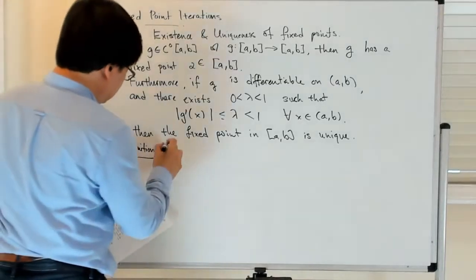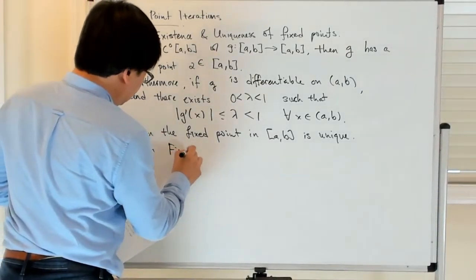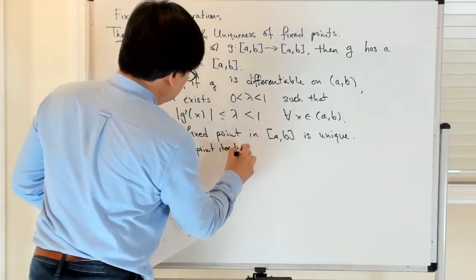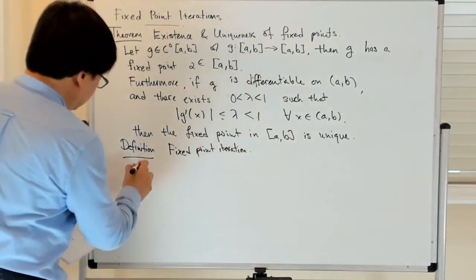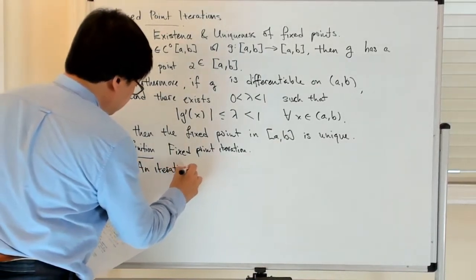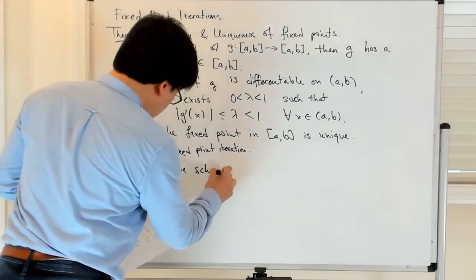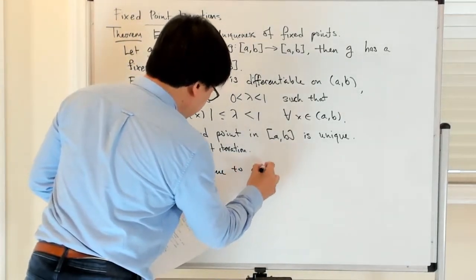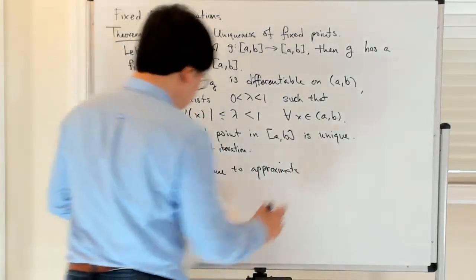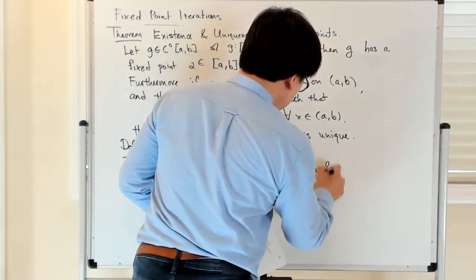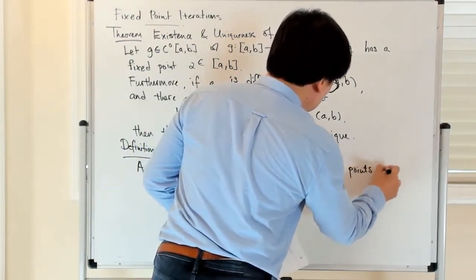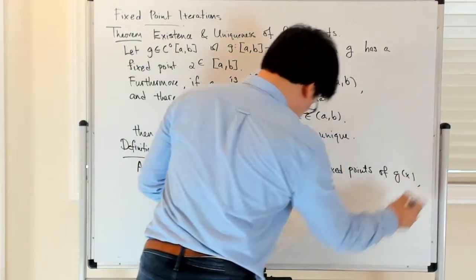Okay, so fixed point iteration is an iterative scheme to approximate the fixed points of g of x.